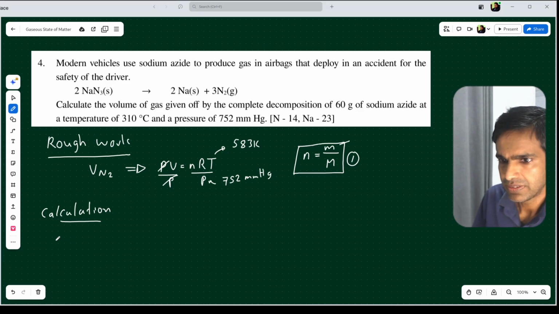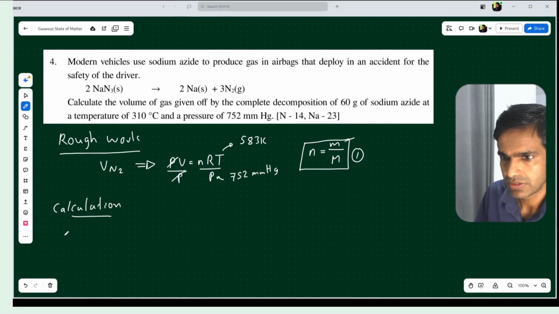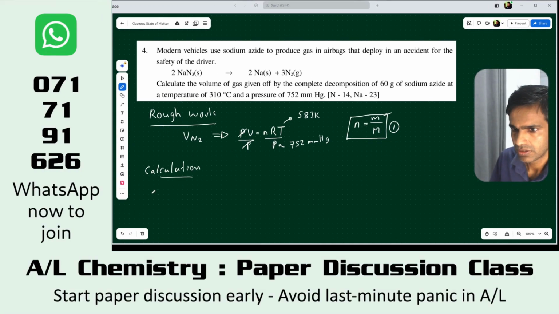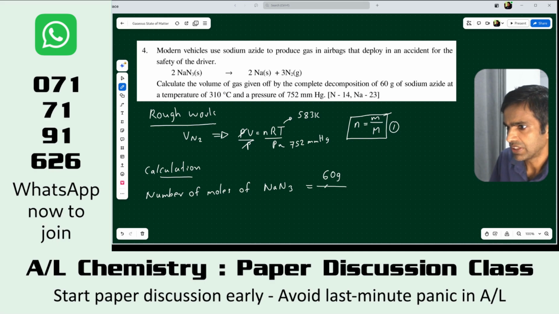So first step, number of moles of sodium azide. Mass of sodium azide is 60 grams. What is the molar mass of sodium azide?